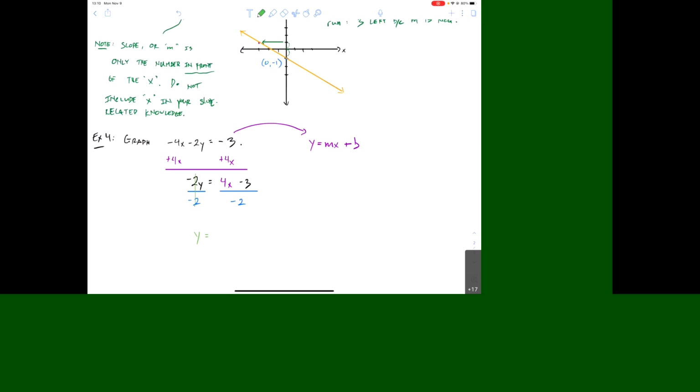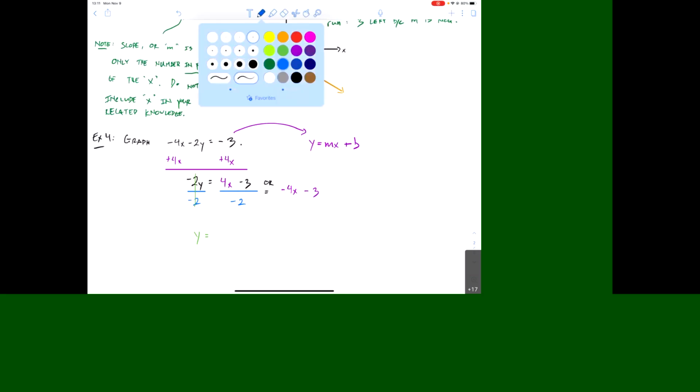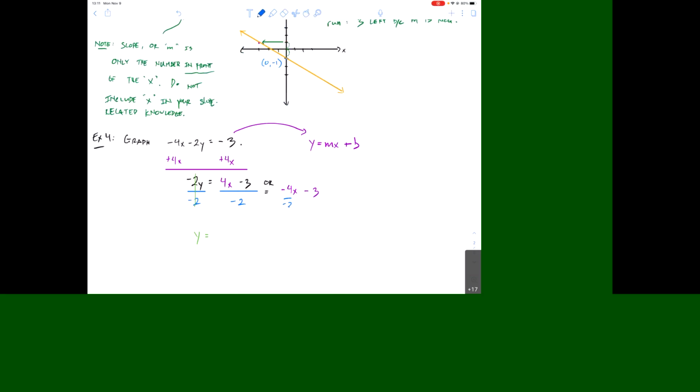But then some students, instead of writing it like this on the right side of the equal sign, might write it like this instead. So I'll put a big or here. They might still write negative 4x minus 3, but then they will split it, dividing by negative 2, dividing by negative 2, as such. So again, it's just a matter of personal preference.